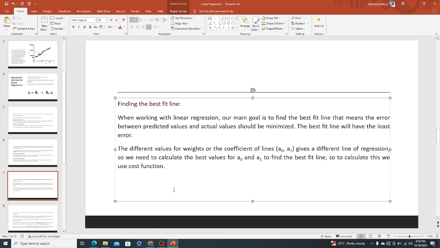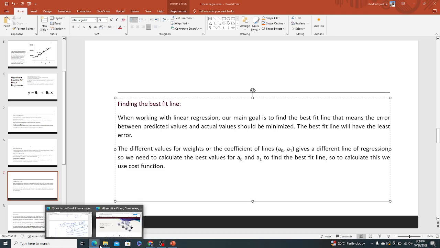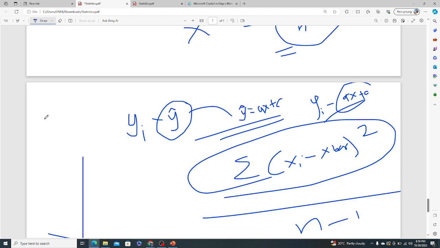For us to come up with the line of best fit, we also have to come up with the best coefficients, let's say a0 and a1. For example, y equals a0 x plus or minus a1.